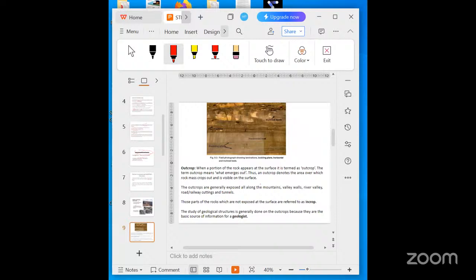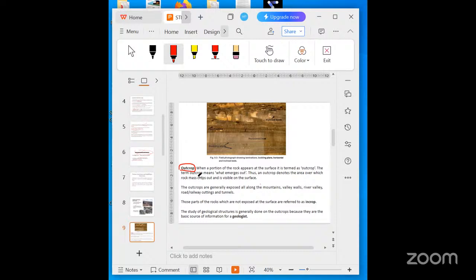Now, outcrop. These are common terminologies used in structural geology. Outcrop means exposure. You see here, when a portion of the rock appears at the surface, it is termed an outcrop.